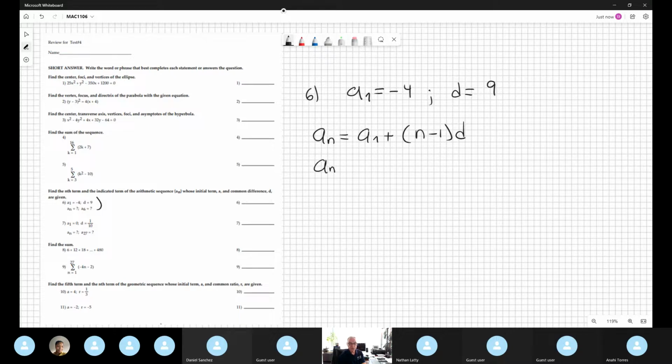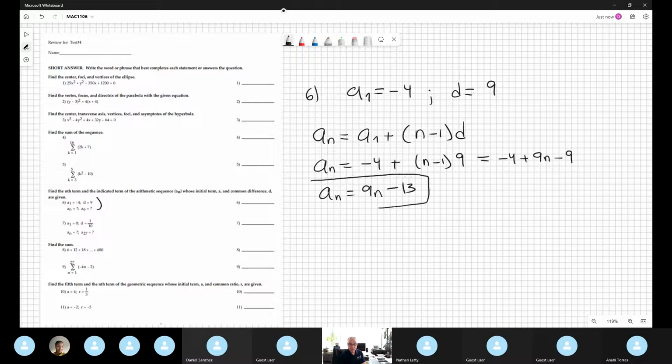So a sub n is equal to negative 4 plus n minus 1 multiplied by 9. So we have negative 4 plus 9n minus 9. Entonces a sub n is equal to 9n minus 13.